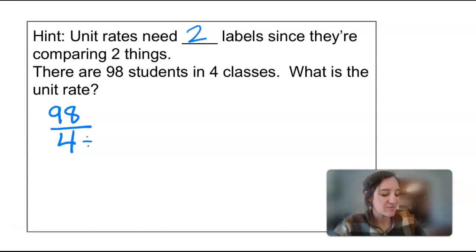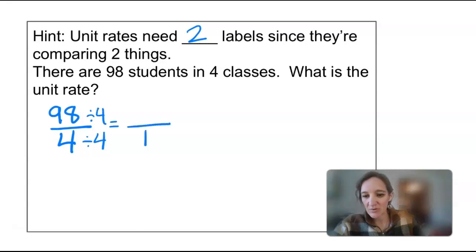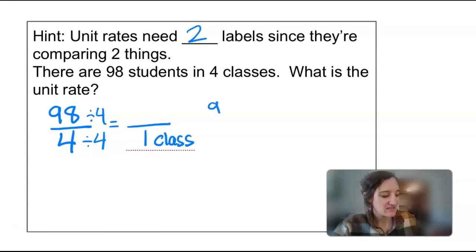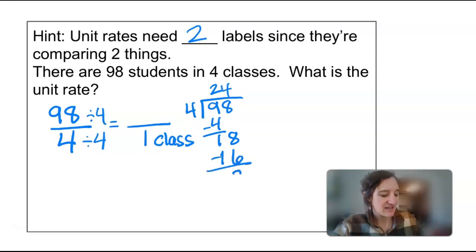So let's divide by 4 again, because that'll get me down to 1 class. 98 divided by 4 will be, no, that's 4, because that's 16. Have a remainder. Let's do decimal.